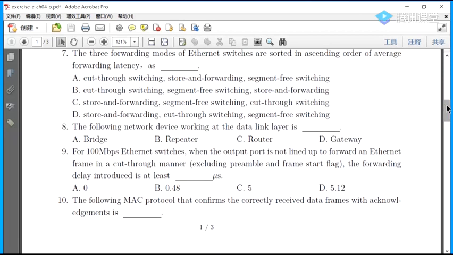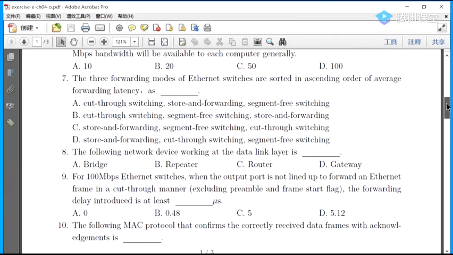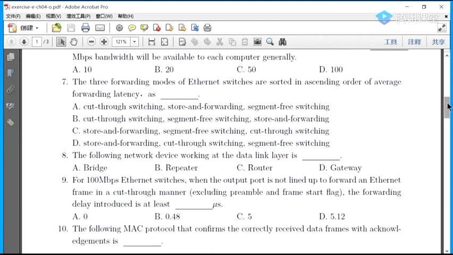Question 7. The 3 forwarding modes of Ethernet switches are sorted in ascending order of average forwarding latency as.